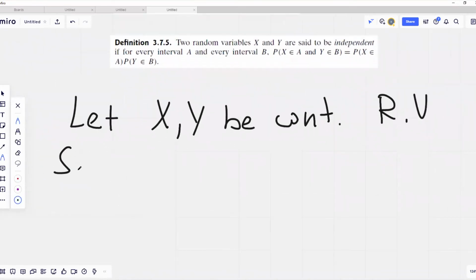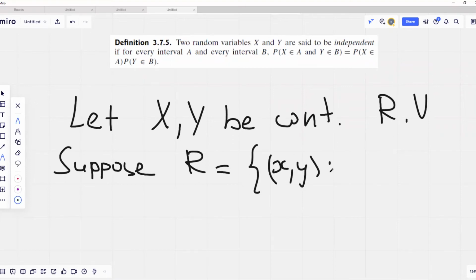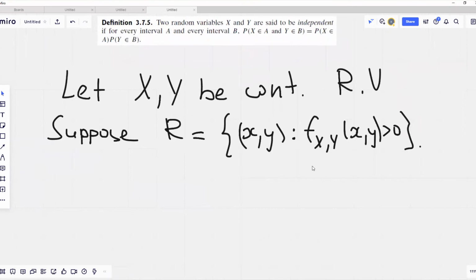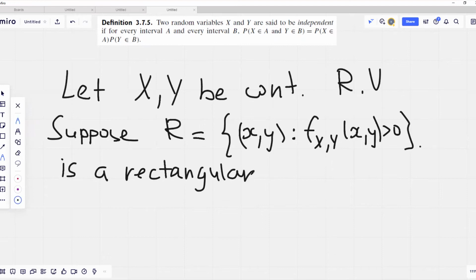And also suppose that region R, which represents values of x, y such that their joint PDF is non-zero, is a rectangular box, possibly unbounded.